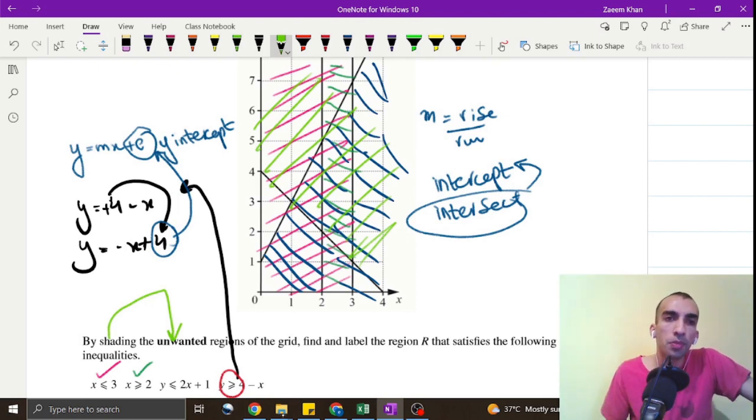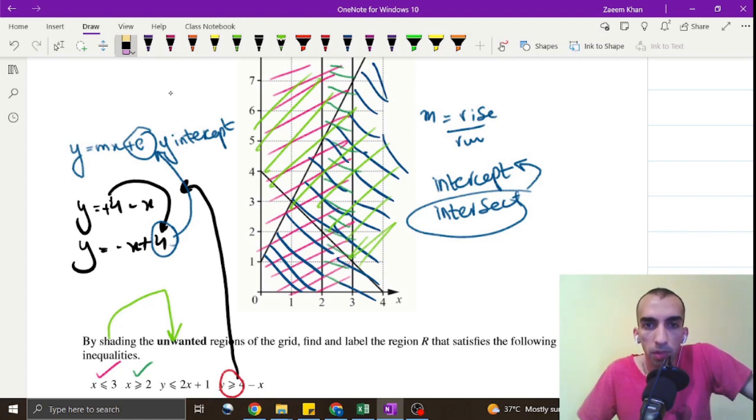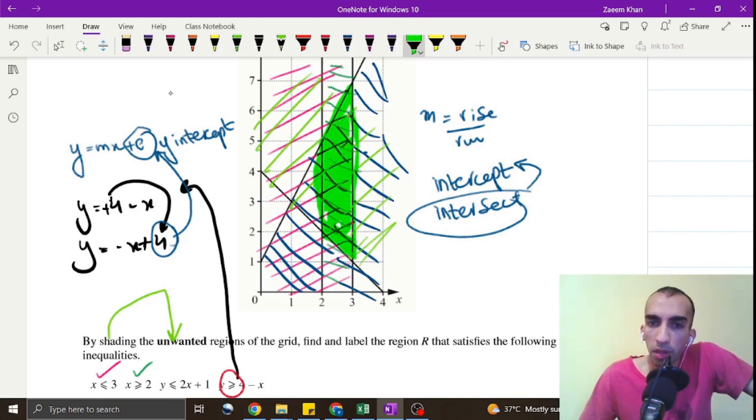What we can do is erase the entire area where all 4 colors are present. Where are all 4 colors present? Wouldn't this be the region where you see the entire set of colors? Right, this one. Do not shade this. Shade everything else and leave this white.